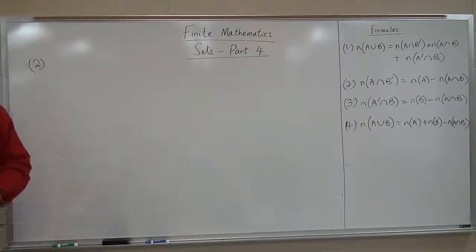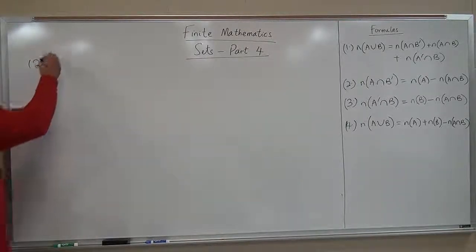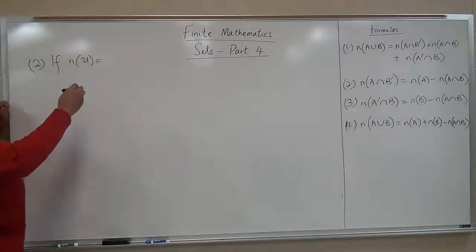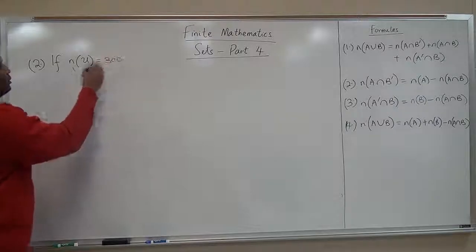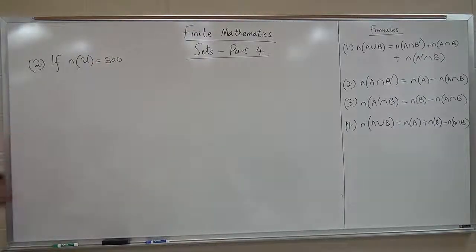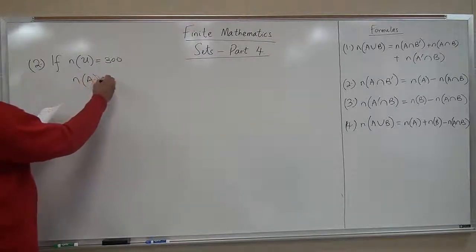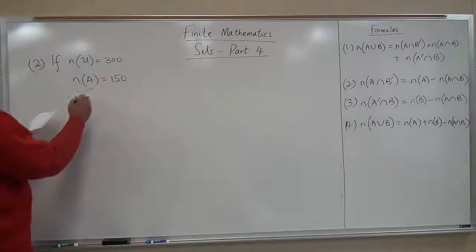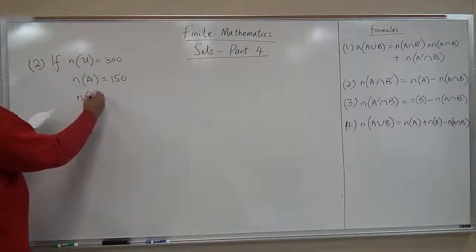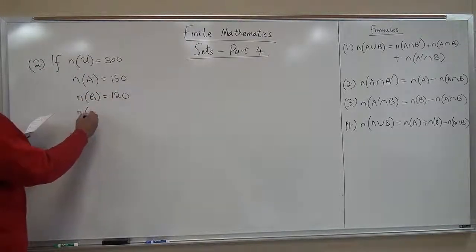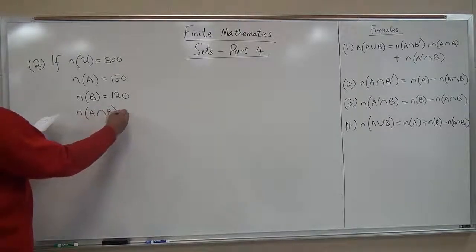Question 2. If cardinality of the universal set is 300, cardinality of A is 150, cardinality of B is 120, cardinality of A intersect B is 60.